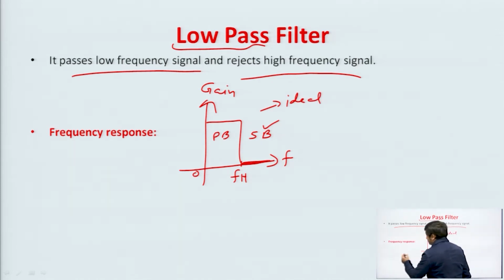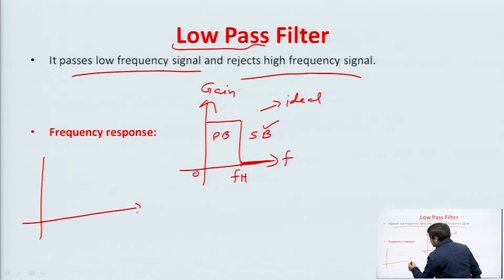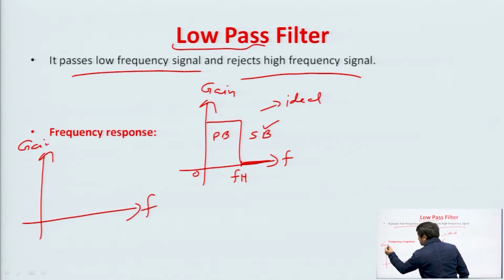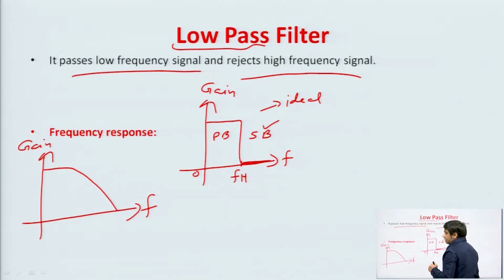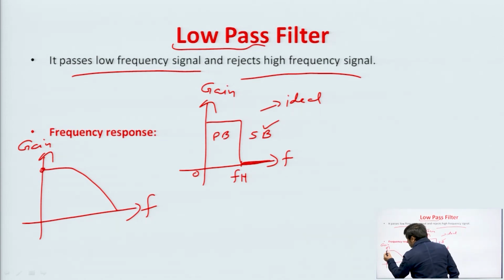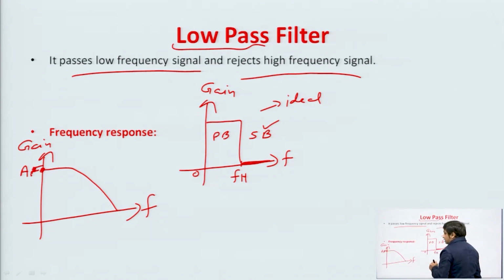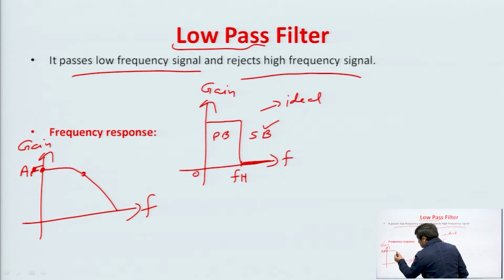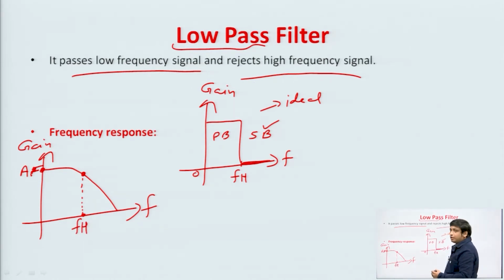But practically, when we draw the frequency response, that is again the gain versus frequency, the response of the low pass filter is like this. This maximum gain is called the pass band gain, let us say this is AF. Now, this FH frequency is the frequency at which the gain is reduced by 3 dB from the maximum gain.